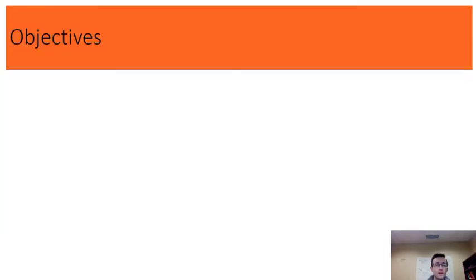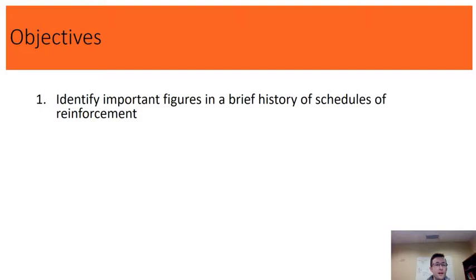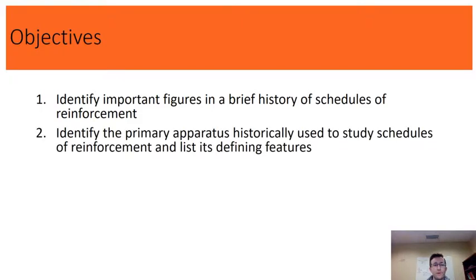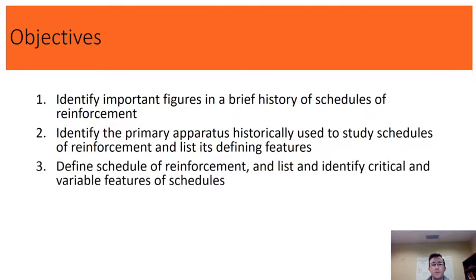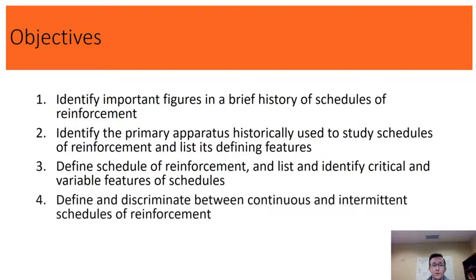Here are our objectives. Identify important figures and a brief history of schedules of reinforcement. Identify the primary apparatus historically used to study schedules of reinforcement, and then list the defining features of that apparatus. Define schedule of reinforcement, and list and identify critical and variable features of schedules.